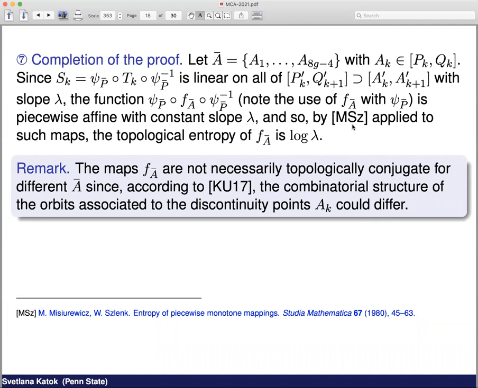Okay, and that implies that the topological entropy is log lambda. As I said before, these maps are not necessarily topologically conjugate, which follows from our early work on the combinatorial structure of these orbits, the cycle property. But these orbits may be very complicated. Some have several steps, the others have one step. Because the combinatorial structure is different, they cannot be topologically conjugate.